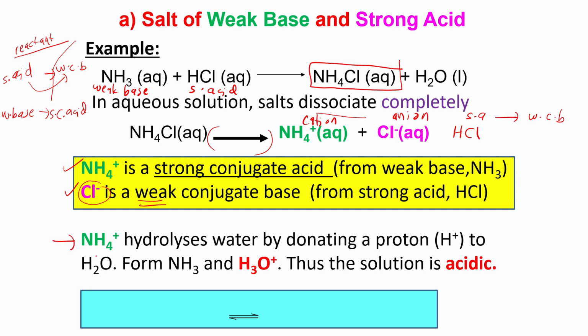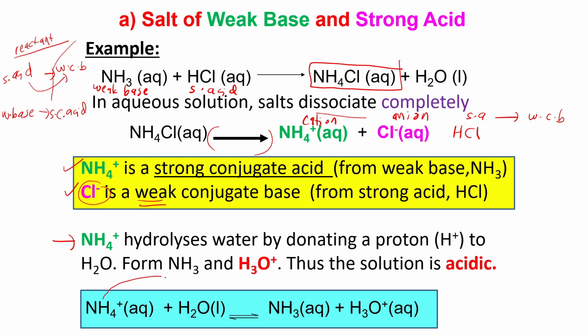So kita perlu tulis this hydrolysis equation. So NH4 hydrolyze by donating a proton to H2O. Reaction between NH4 plus and H2O. So NH4 donate proton to H2O. So dia akan hilang satu hydrogen, produce NH3 and H3O plus.